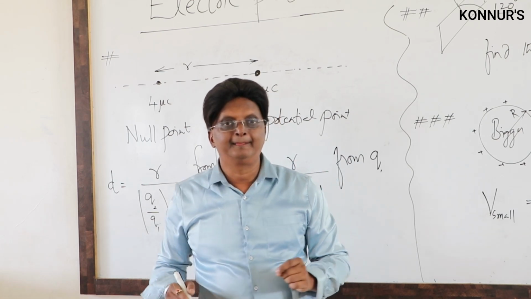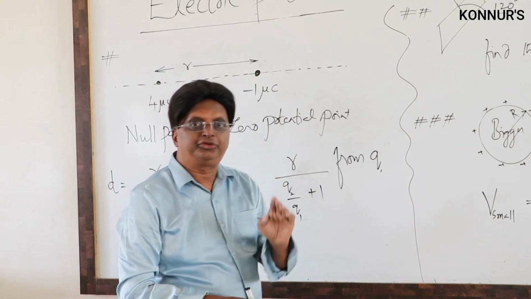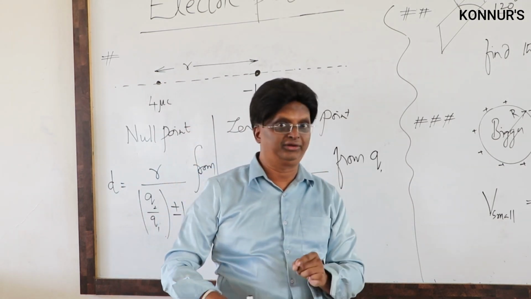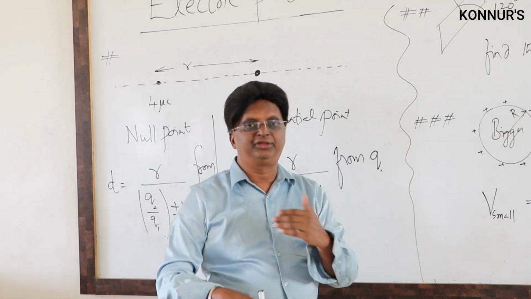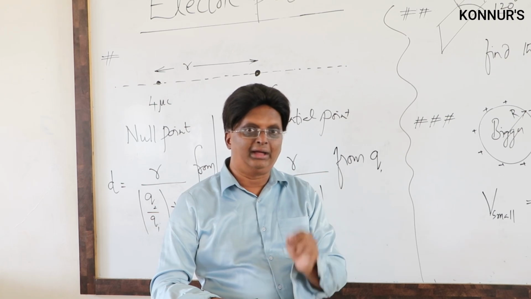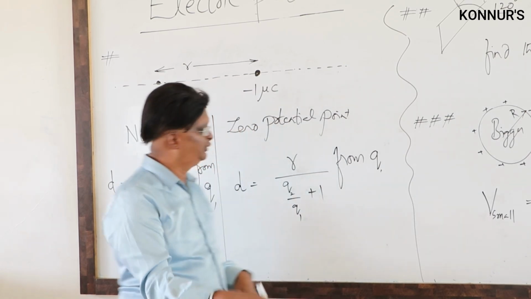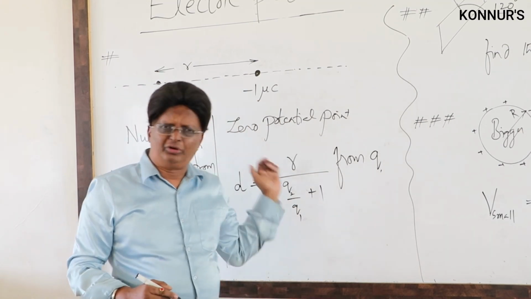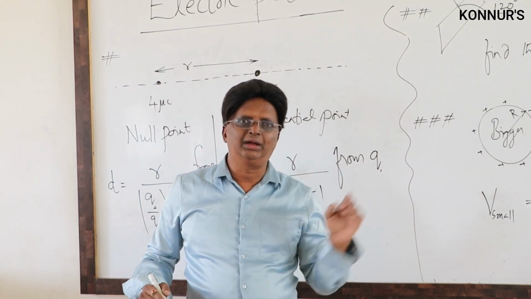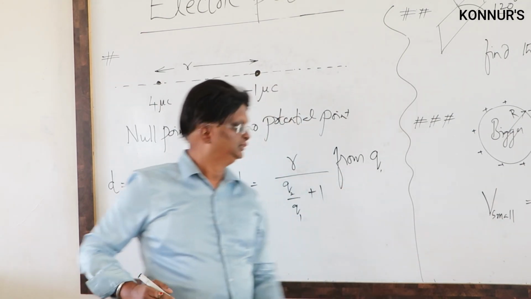Thinking anybody? Because just now we told potential due to a positive charge is positive and potential due to a negative charge is negative. So like charges means there is no question of any neutralization of potential, and that is why unlike charges only produce zero potential points. Now here, this is not a shortcut, let me tell you, because this one we have talked about in detail in the classroom, and that is why I am just writing the final result.